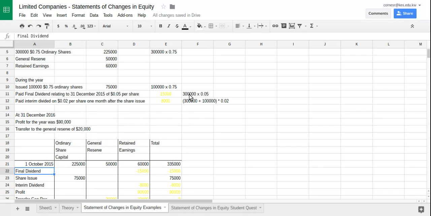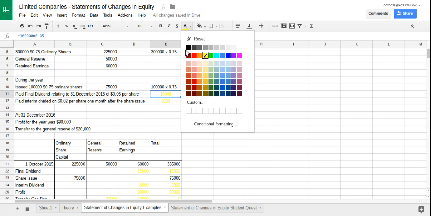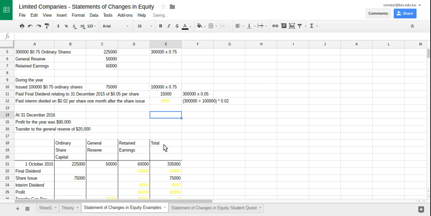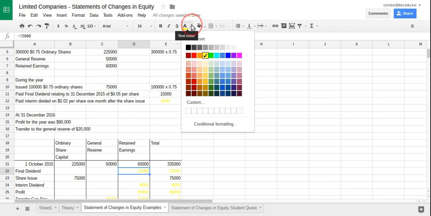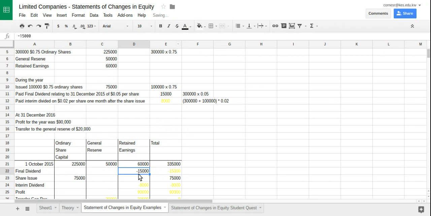So those 300,000 shares that were in issue when the dividend was earned, or the profit was earned, they're going to get 5 cents per share. So 300,000 times 5 cents comes to 15,000, and that 15,000, that's going to be a minus figure.